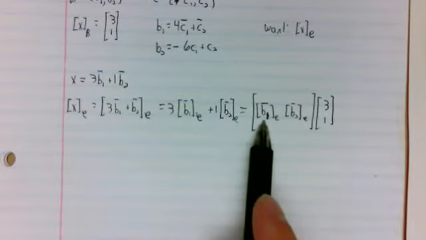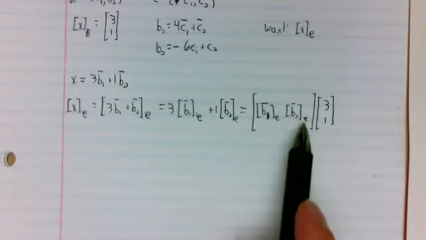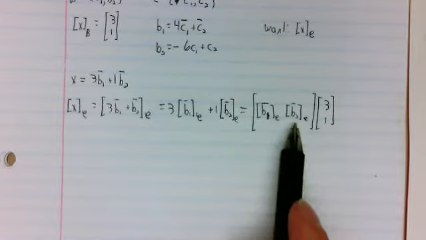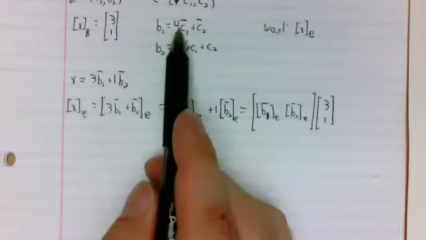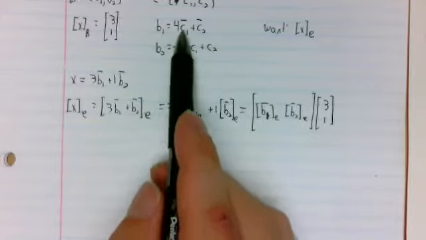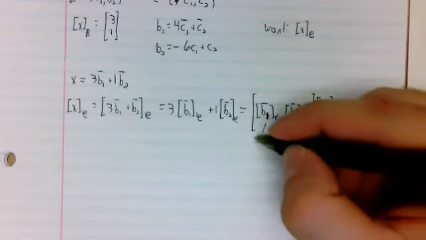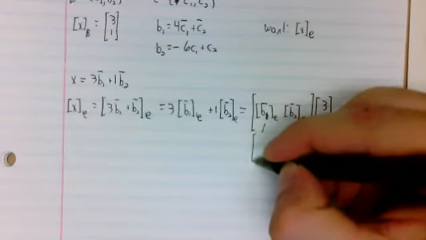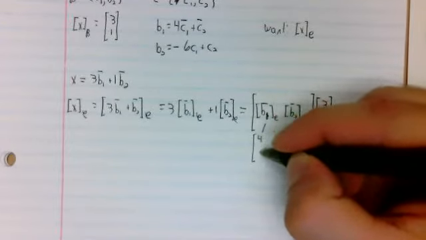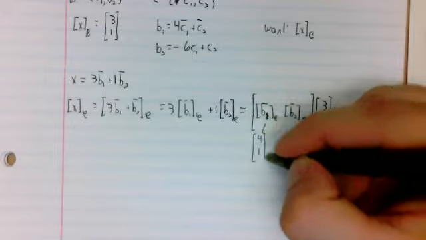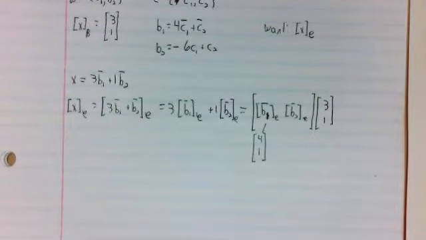And we know what this column and this column are from these relationships. B1 expressed in terms of C is 4, 1.